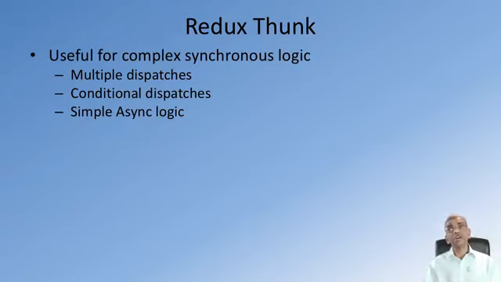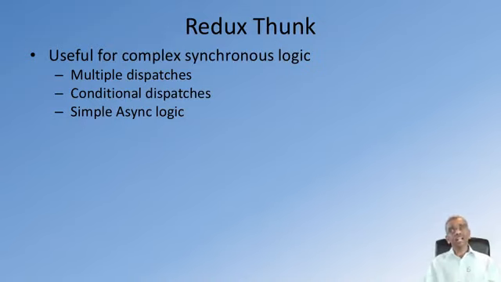If the API call returns a failure, then you can dispatch a different action to the reducer to make changes to the state accordingly. So this kind of thing is easily supported by using a Redux Thunk. Indeed, this is exactly how we will make use of Redux Thunk in the exercise in this lesson, and also later on when we look at communicating with a server.